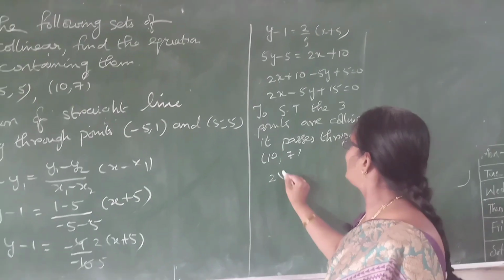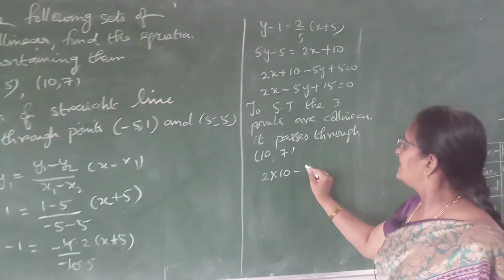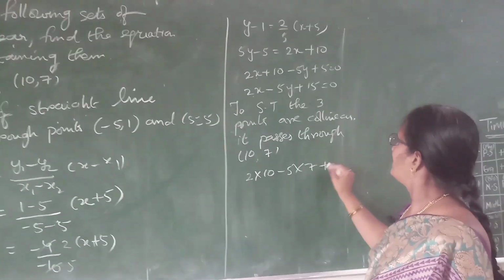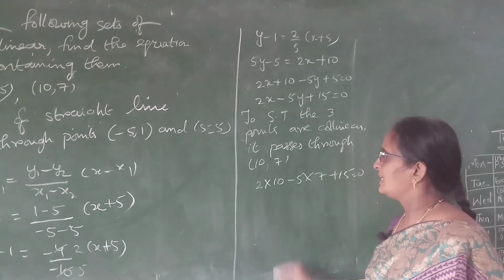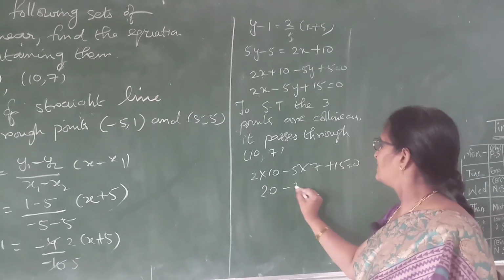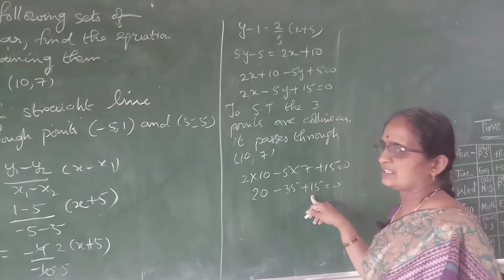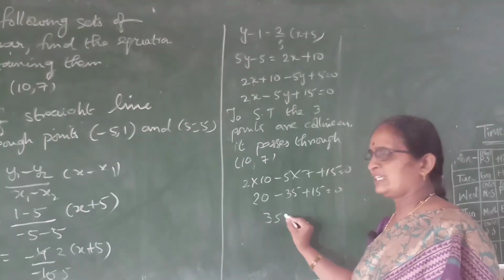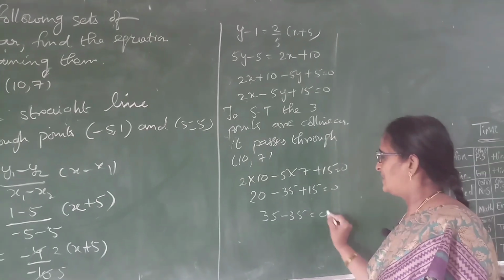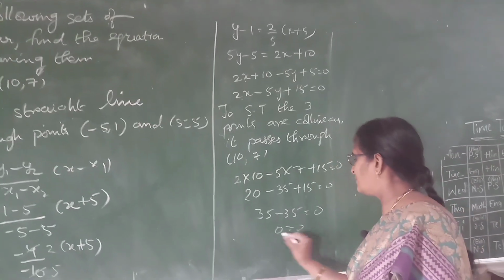That is 2 into 10 minus 5 into 7 plus 15 equal to 0. So 20 minus 35 plus 15 equal to 0. 20 plus 15 is 35, so 35 minus 35 equal to 0. So 0 equal to 0.